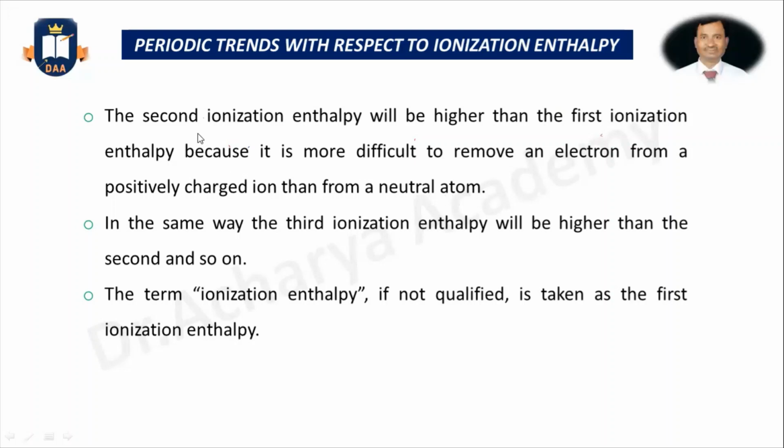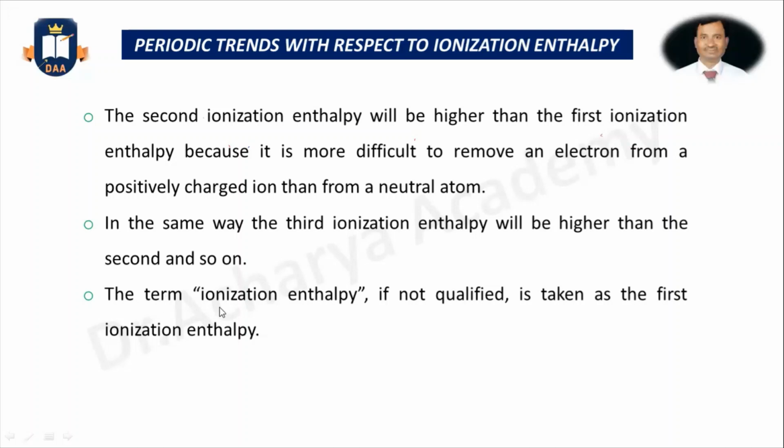In the same way, the third ionization enthalpy will be higher than the second ionization enthalpy, and so on, because removing the third electron from a doubly positively charged gaseous ion is more difficult than removing an electron from a singly positively charged gaseous ion.